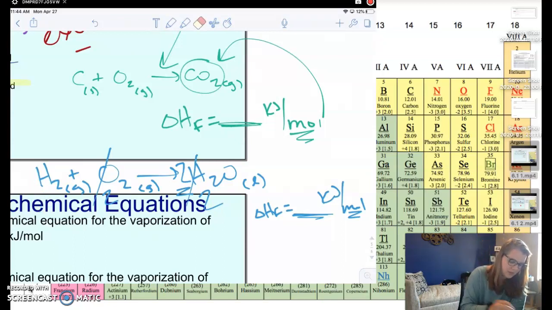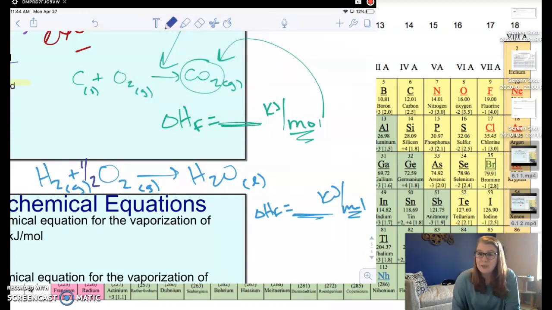So I'm going to go through here and make this look better. I'm going to change my color. The better way to write this in terms of a thermochemical equation is to put a half in front of the O2. Now, can you have half of an O2? No, you can't. Oxygen's diatomic. That doesn't exist. But in order to make this thermochemical equation correct, and we only want 1 mole of water, we would put the half O2 in order to make it work.